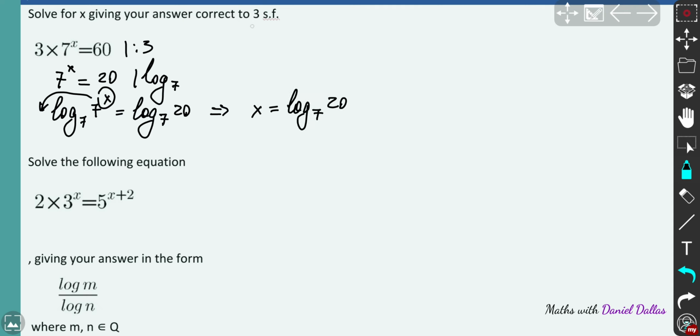And because we need to give the answer to 3 significant figures, there are 2 ways. If you have, let's say, a log base x button on the calculator, you can use that with no problem. If you press that, you can immediately get the answer. So what I get is 1.5395, okay?